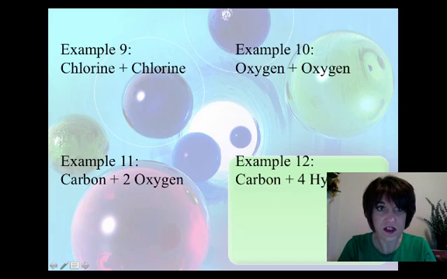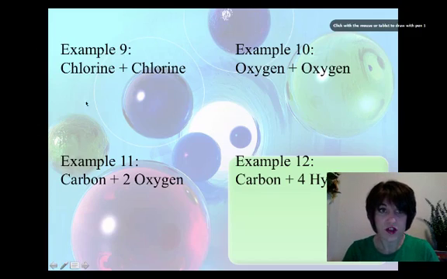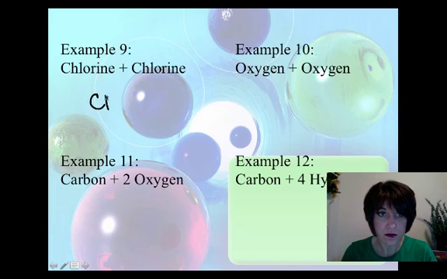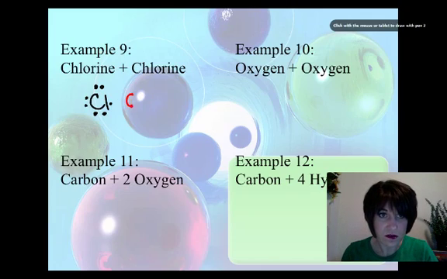Great, so then let's continue on. Let's look at example 9, chlorine and chlorine. So I need my pen back. I'm going to show one chlorine in one color and the other chlorine in another so that we can tell the difference between the two. Remember, everything that's a halogen has the same number of valence electrons, 7. 7 steps across from left to right on the periodic table.